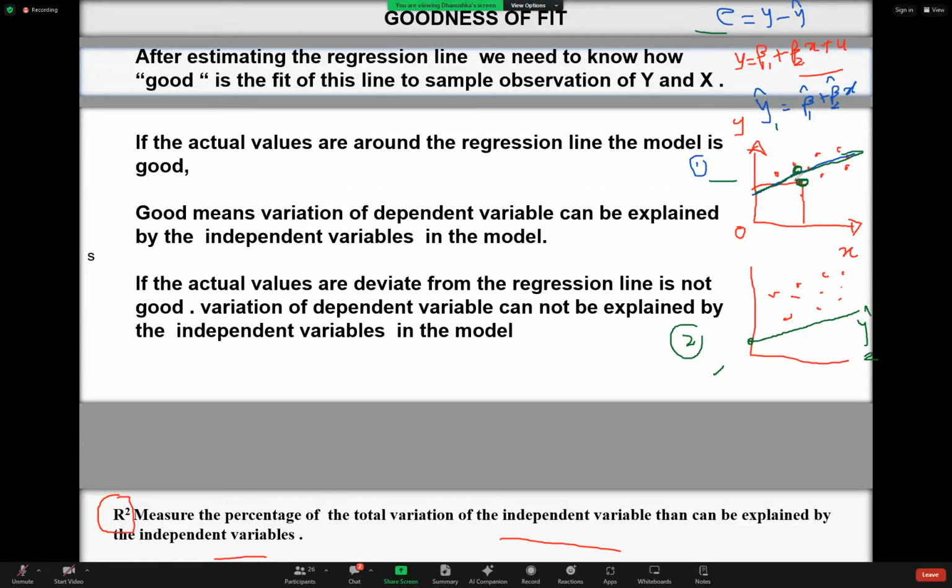In model 1, the error term is small compared to model 2. Then you can say model 1 is good, model 2 is not good. Why is it not good? It has a higher error term. It shows that the model does not explain a significant proportion of the variation of y with the regression model. This is actually the basic idea about goodness of fit.